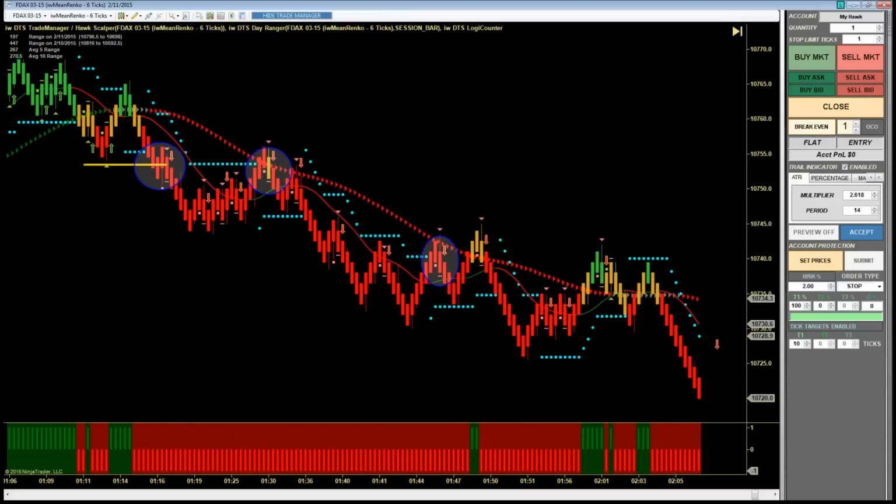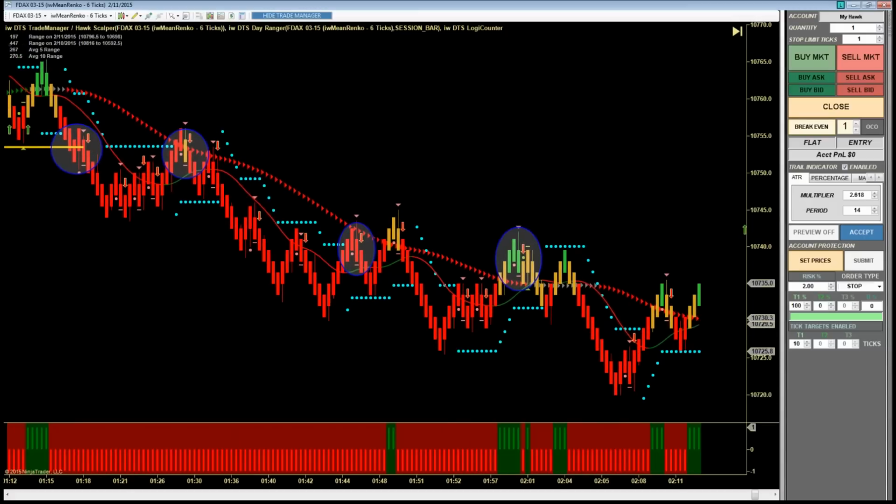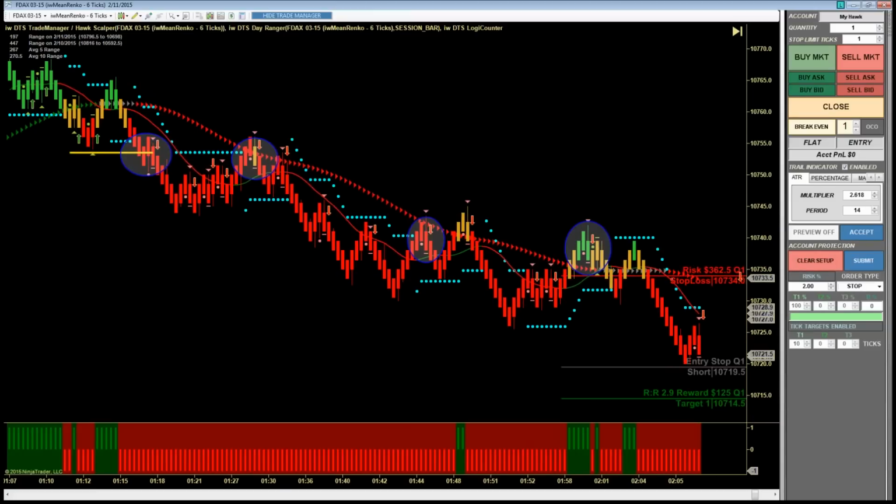Another macro pullback here. Took a little bit of heat on it, but it worked out. And did we have another 4-arrow consolidation? No, but we did have a green bar sell right here, which also worked out. First micro macro cross.